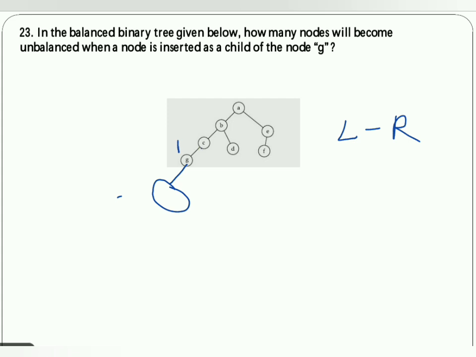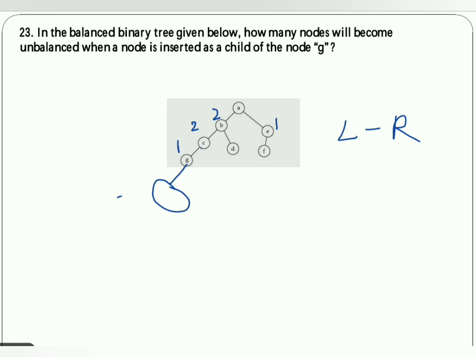Balancing factor 1. Next for C. C doesn't have any right hand side child, only the left hand one. Two nodes are on the left hand side, so the answer is 2 for C. Next, the balancing factor of B is 2. That is, the left hand side is 2 and the right hand side is 0. 2 minus 0 is 2. Next for E and F. E is having only one child.